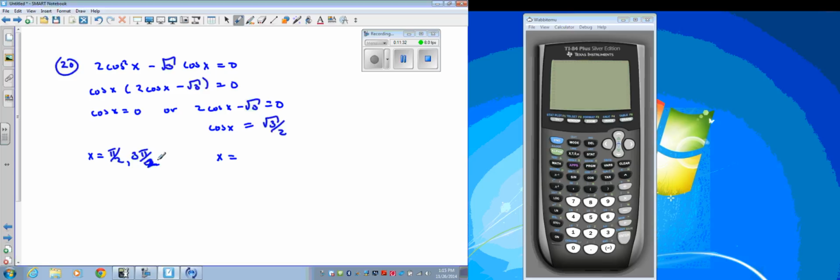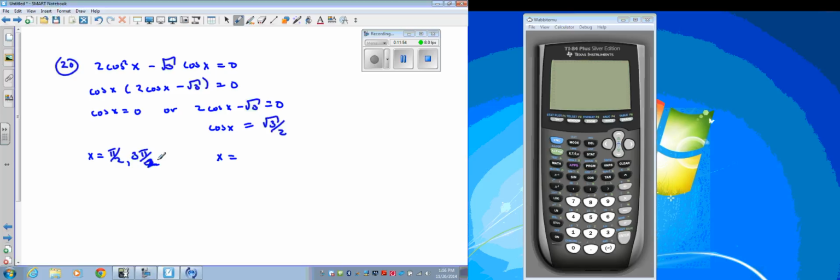Okay, the square root of 3 over 2. What's the first place you get it? Where do you get it, Chris?